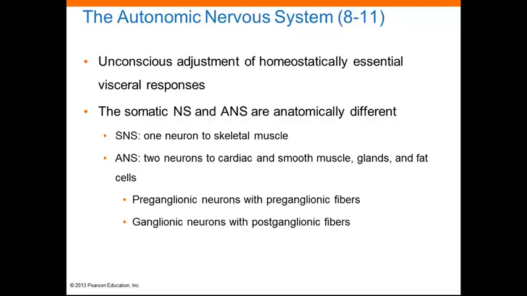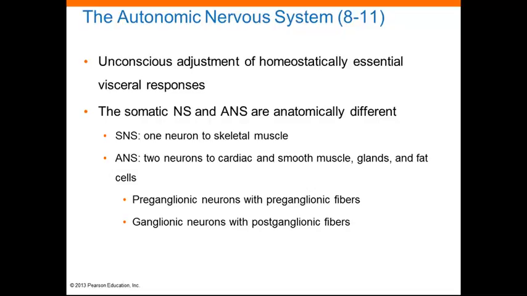What I wanted to point out is that the somatic nervous system and the autonomic nervous system are anatomically very different, because the somatic nervous system typically has one neuron that goes to just one skeletal muscle. However, in the autonomic nervous system, motor neurons in the central nervous system, which are called preganglionic neurons, are going to send axons, which are called preganglionic fibers, to autonomic ganglia in the peripheral nervous system.